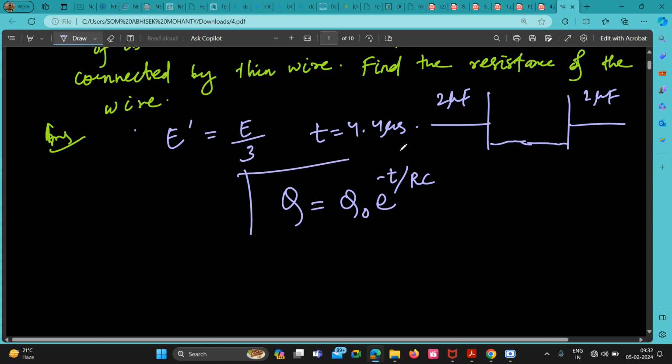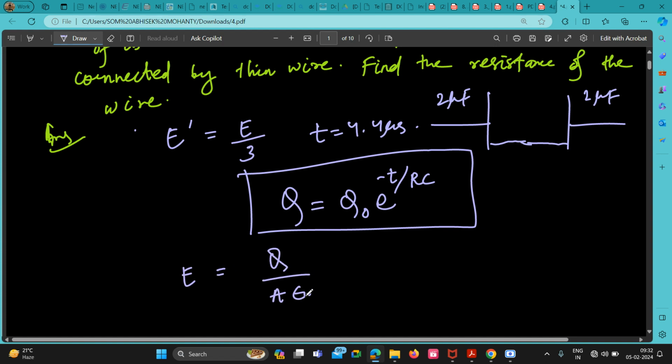This is one formula you need to remember for this. Our formula for electric field is E is equal to Q by A epsilon naught. Now Q is Q naught e to the power minus t by RC, so E is Q naught by A epsilon naught e to the power minus t by RC.